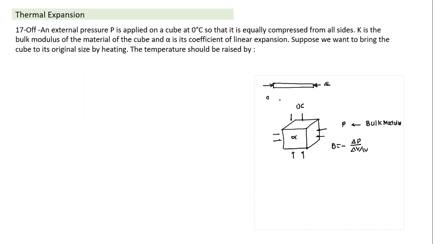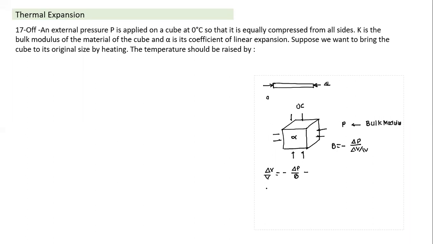Again, this is something similar. You notice the similarity between the two. Here it was linear dimension, and the length can be kept the same if they produce equal and opposite effects. Here also they can produce equal and opposite effects. When we change the temperature, there is a change in volume. The change in volume, delta V by V, is equal to minus delta P by B. This is due to the pressure effect.